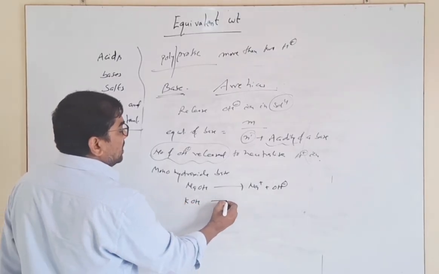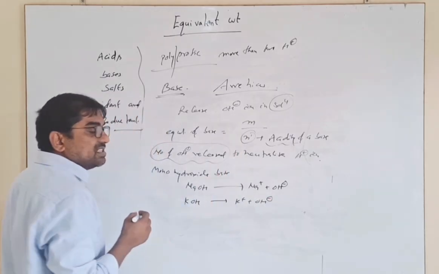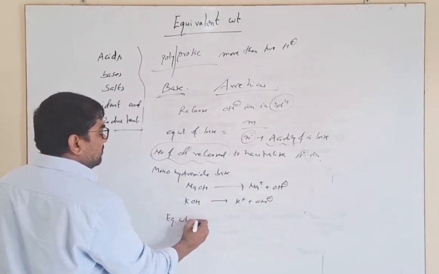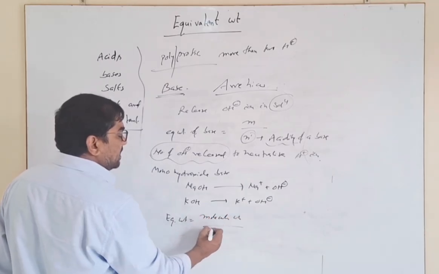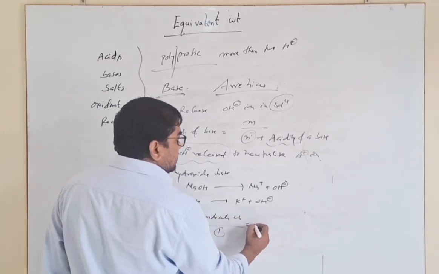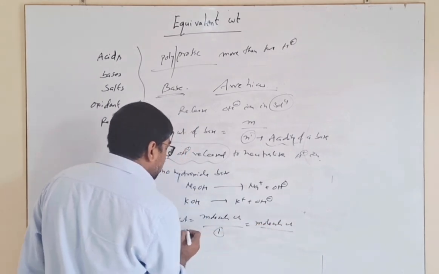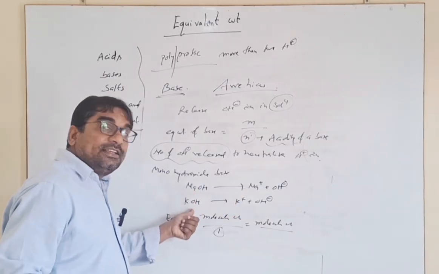Like KOH, K plus OH minus, one OH minus is released. So here equivalent weight will be equal to molecular weight divided by 1, that is, equivalent weight will be equal to molecular weight in the case of bases, strong bases of alkali metals.